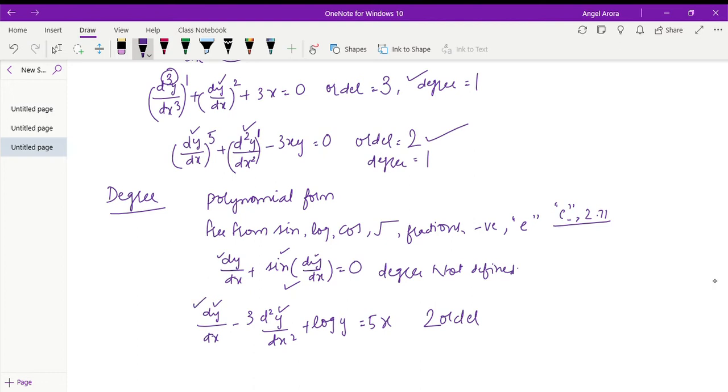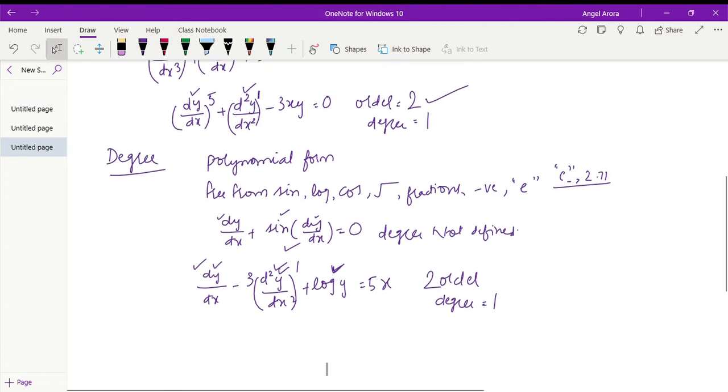This term involves a derivative, this term involves a derivative, and both these terms are in polynomial form. So the degree will be defined, and this is the highest order derivative, its power is 1, so the degree will be 1. Remember, log has been given with y here, and this term does not include any derivative, so the degree will be defined here. So order will be 2 and degree will be 1.